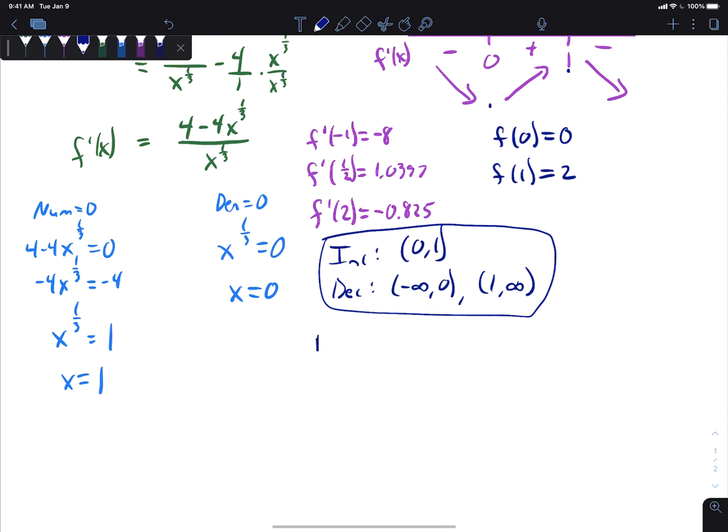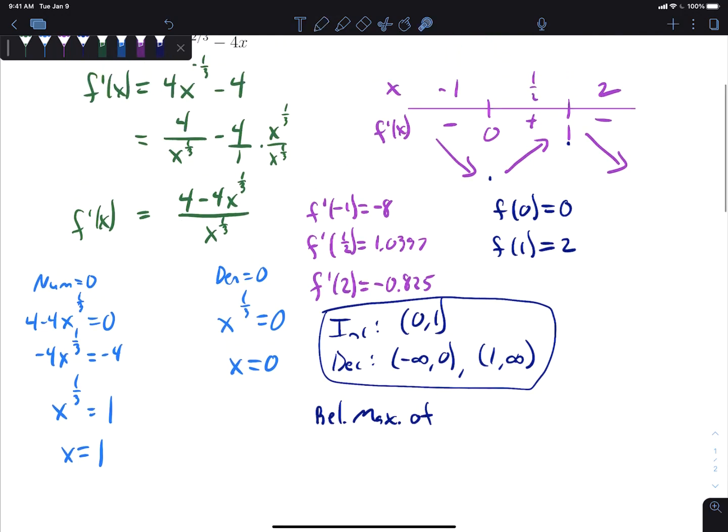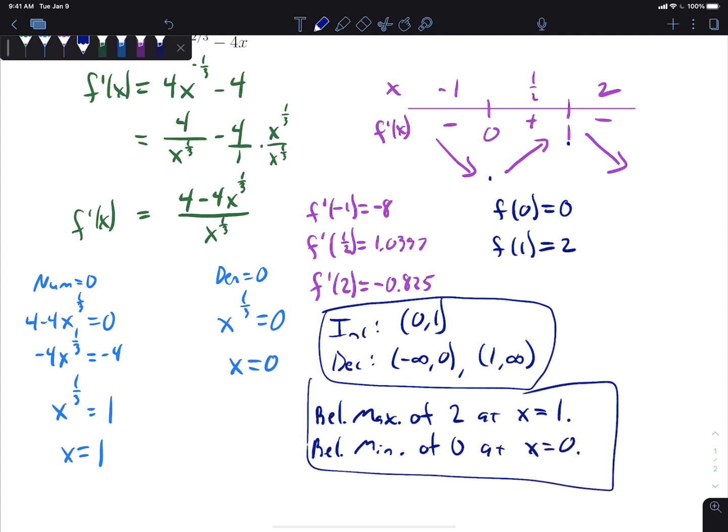So there is a relative maximum, and notice that the maximum occurs at the 1 here, so there's a relative maximum of 2 at x equals 1. And there will be a relative minimum of 0 at x equals 0. Good deal.